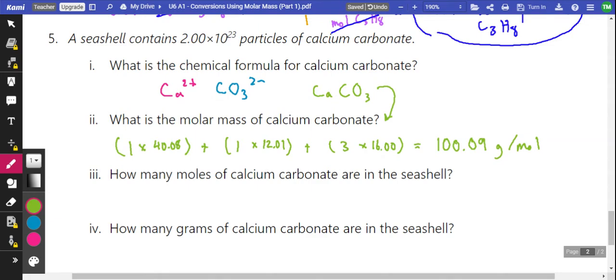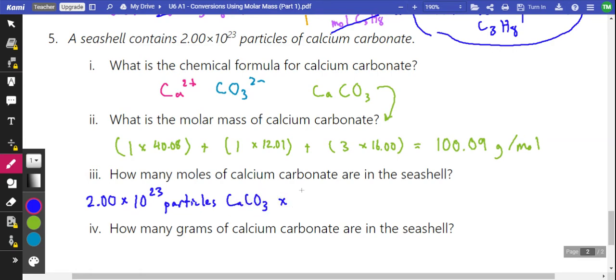Our next part is how many moles of calcium carbonate are in this seashell? Well, we have particles. We have a relationship between particles and moles, so we're probably going to use that. Let's start with what we know. We have 2.00 times 10 to the 23rd particles of CaCO3.